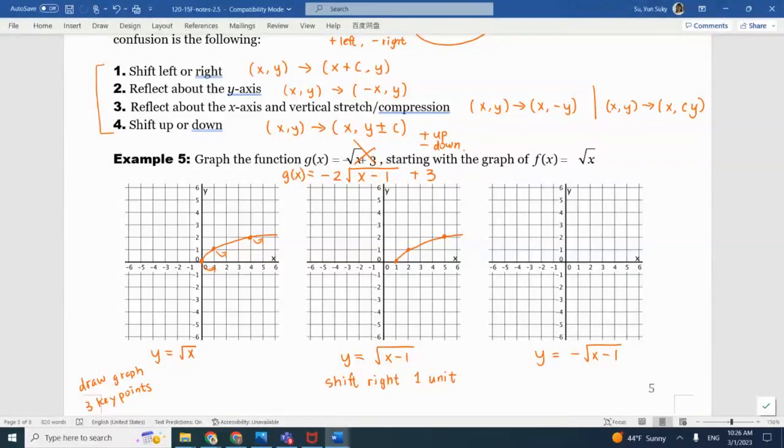Okay, everybody? And so this is reflection about the x-axis. The reflection is like a mirror image. Look at this point. If we reflect over the x-axis, what happens?